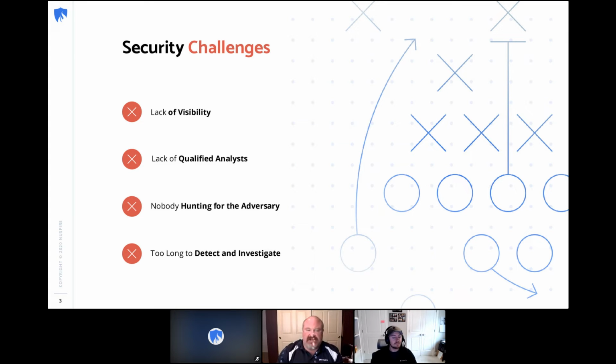The other piece here is nobody's hunting for the adversary. Everyone believes a few things. One is, they don't have something that somebody wants. Two, they don't have the staff, which aligns to that. And three is the tools or the visibility to really hunt for that adversary. And I'd wrap up, and Steve, I'd love your opinion on this, that a lot of people, hence why we're here today, really don't know how to do it.